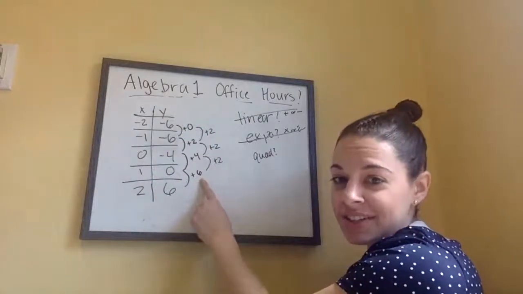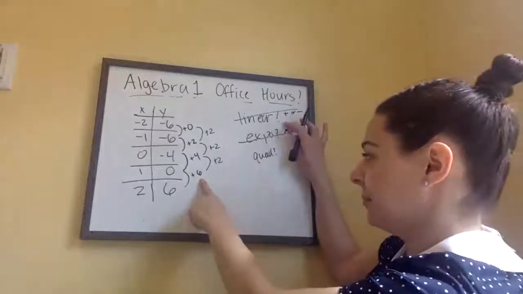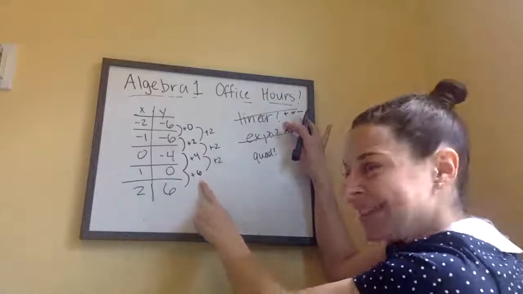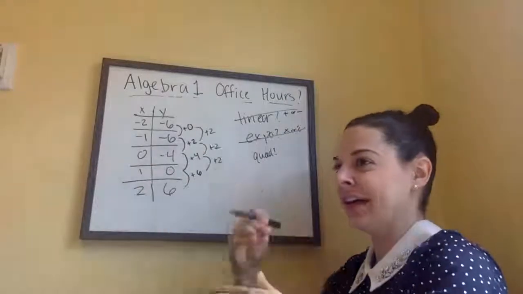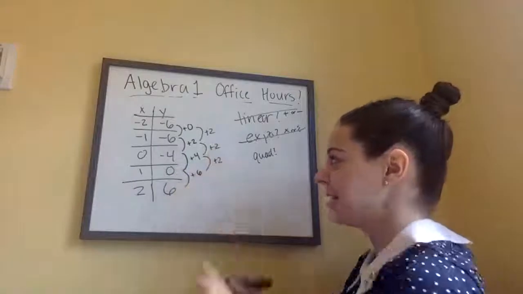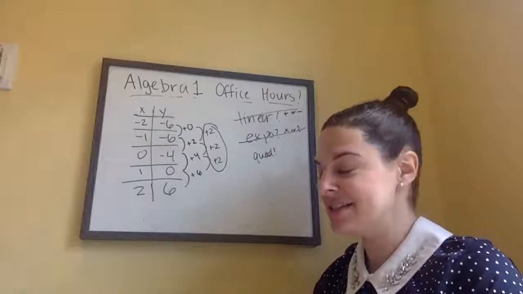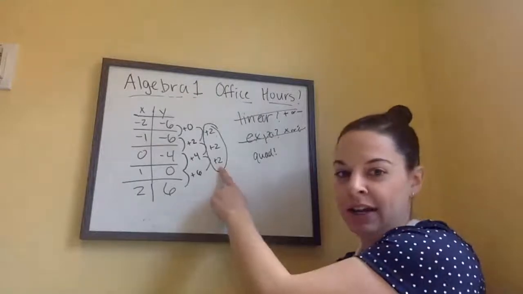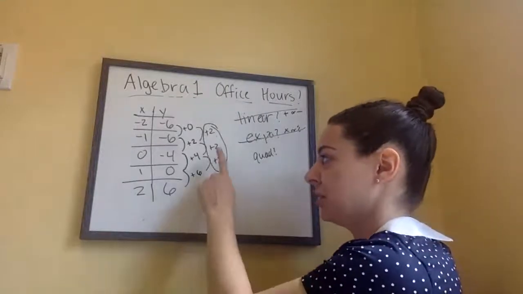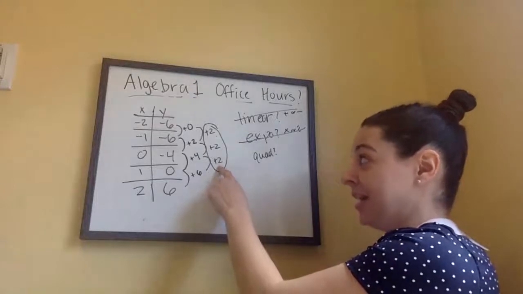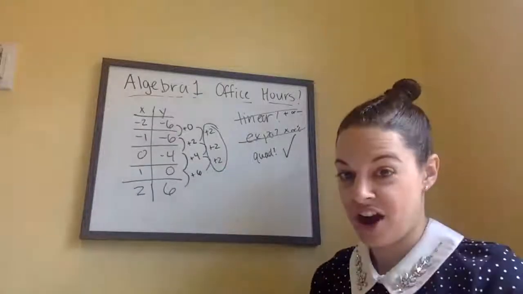If the first difference isn't the same, it's not linear, okay? But sometimes if you look at the next layer of that, the second difference, if that number is the same, which for this example it is, that makes it quadratic. You have to look and make sure that the second difference is the same. If it is, then it's quadratic.